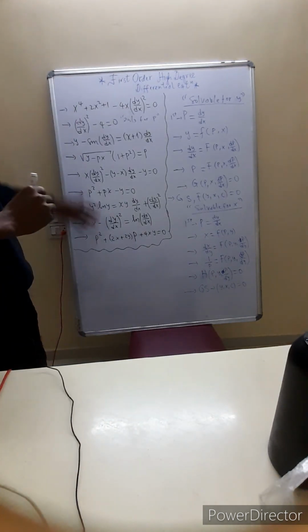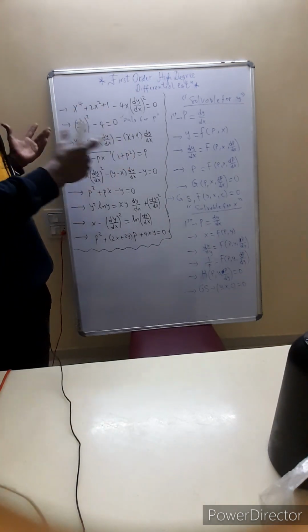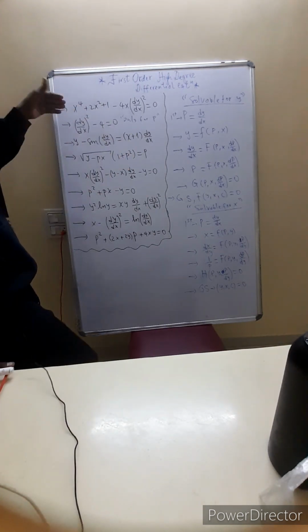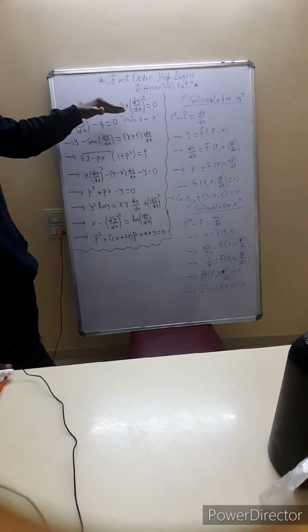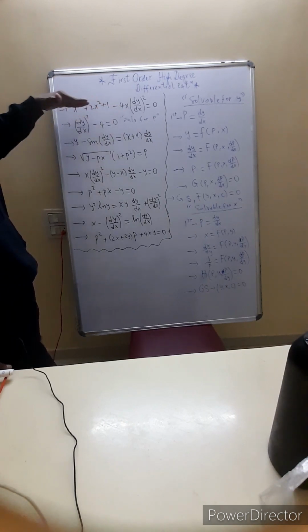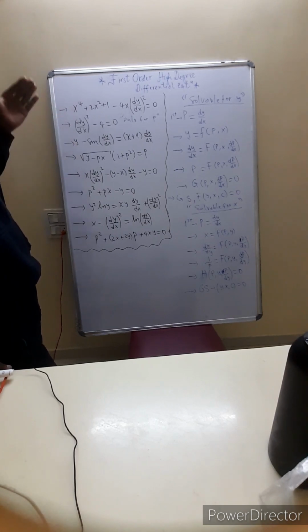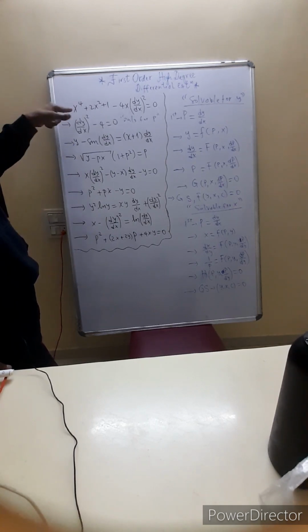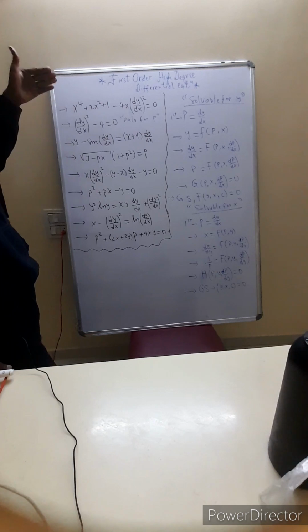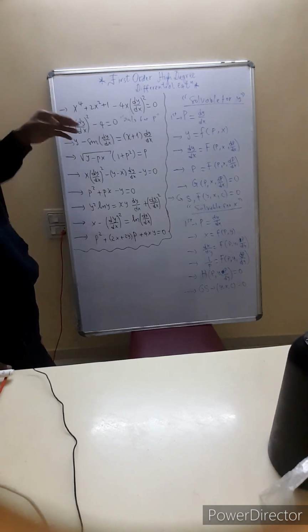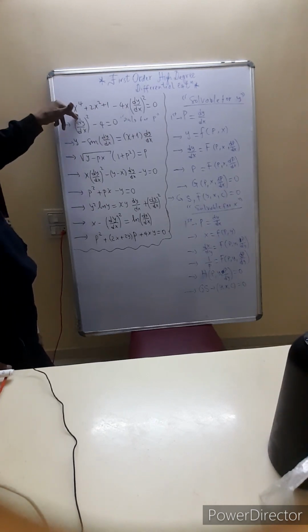So how to see whether it's solvable for x and y? That's the point. Is that solvable for x? Usually it is solvable for x or for y when you can find it easily.